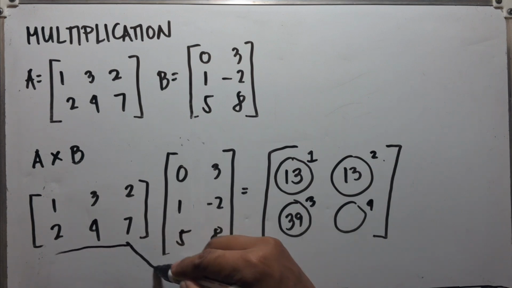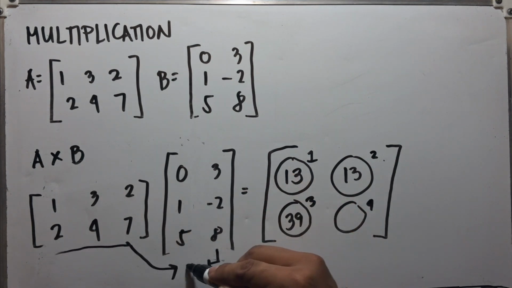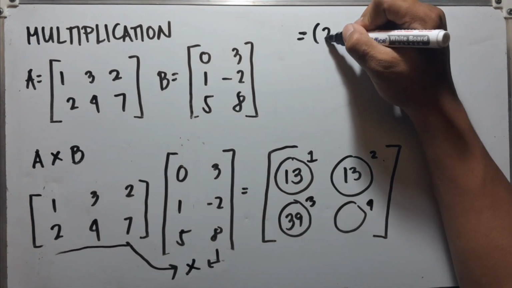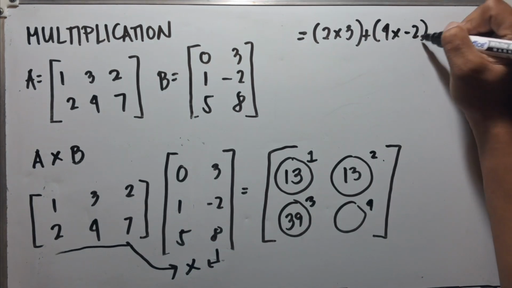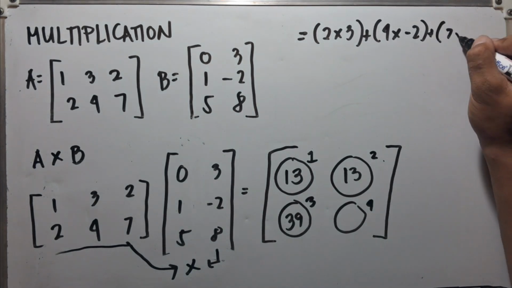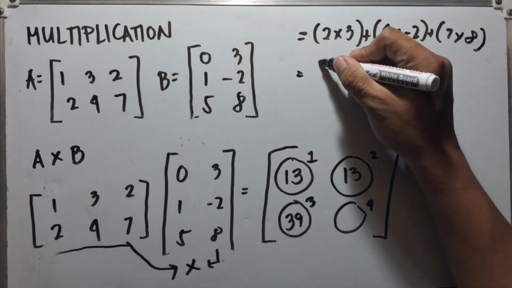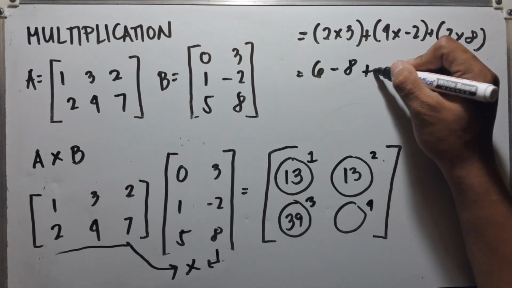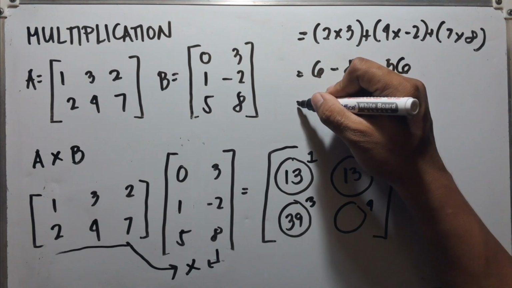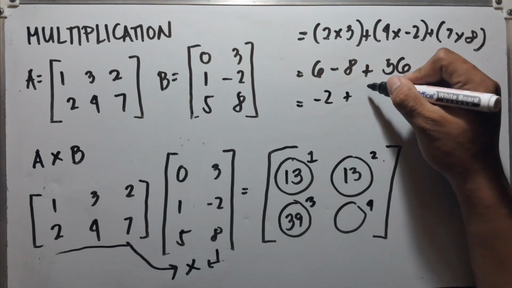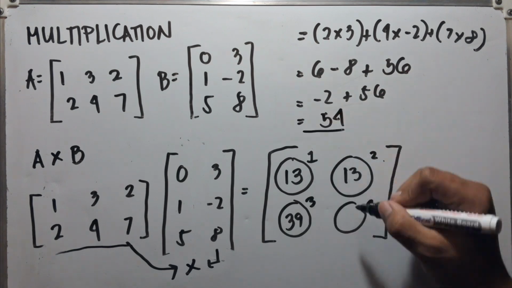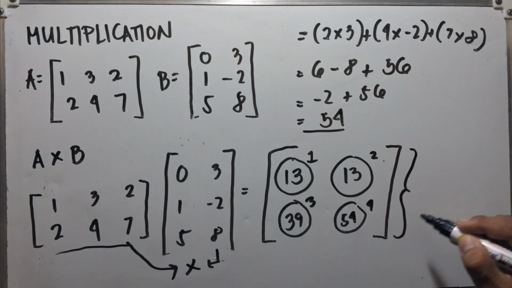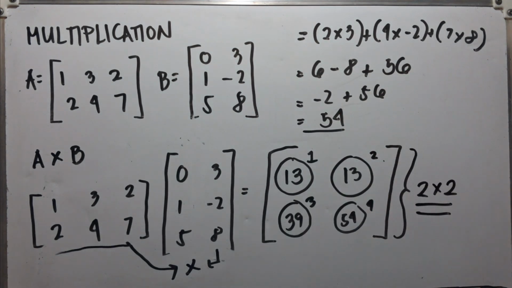For the last one, we multiply the second row of matrix A and the second column of matrix B. Just like before, we distribute the sign so that it becomes negative 8. So that would be 6 minus 8 is negative 2 plus 56, that would be 54. So now we get the answer, which is 13, 13, 39, and 54.